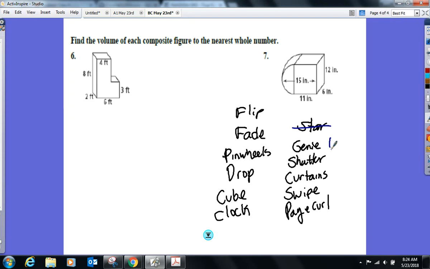Shatter. Curtains. Swipe. Page curl. Flip. Fade. Pinwheels. Drop. Cube. Clock.